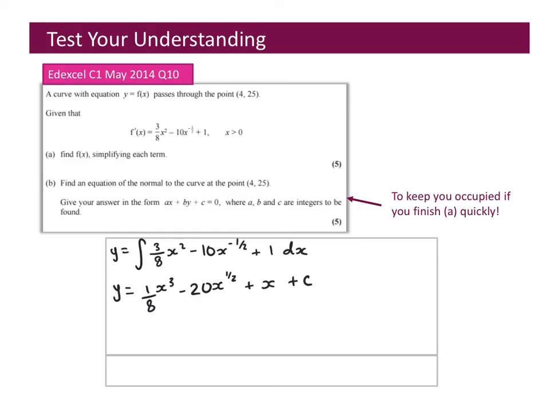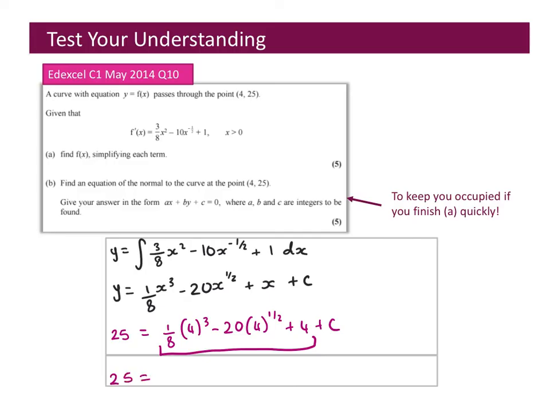plus c. Now, it wants the equation and it's given us a point that it passes through, (4, 25). So we have to substitute in to find our constant of integration. So 25 equals 1 over 8 lots of 4 cubed minus 20 lots of 4 to the power of a half plus 4 plus c. Now, I would just put this whole thing into your calculator.